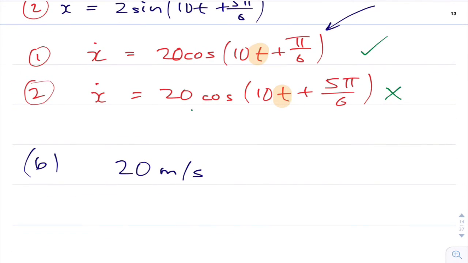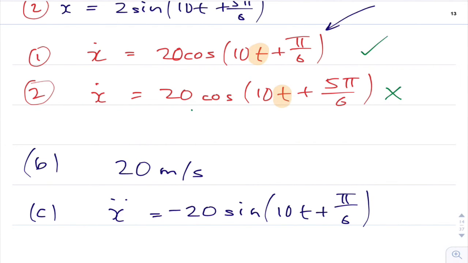Alright, so let's look at the acceleration. The acceleration is just the derivative of the speed. So I'm going to take 20 cos 10t plus pi over 6, do the derivative. That gives me negative 20 sine 10t plus pi over 6 times 10.